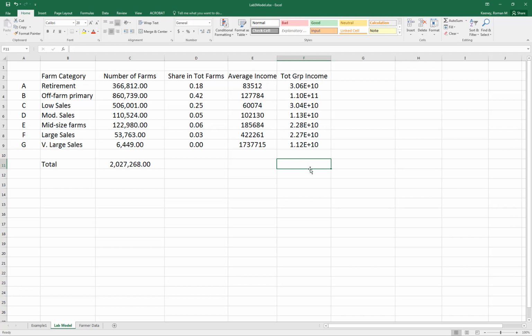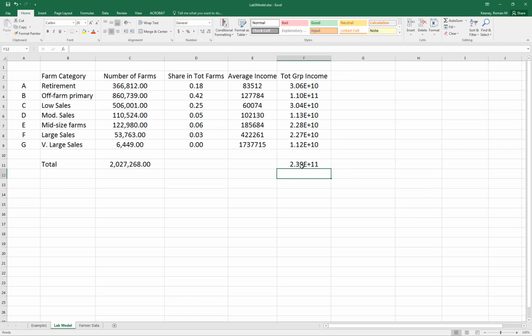But we do need to add it all up, because what we want is the share of farms in this group and the share of total income, or share of the population's income, in this group. So we're going to do another sum right here of these cells, F3 to F9.